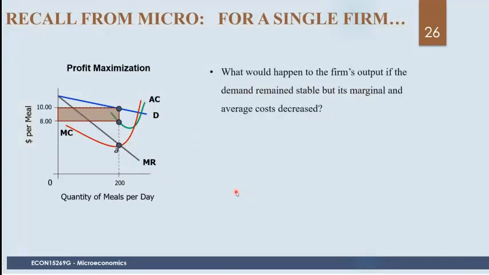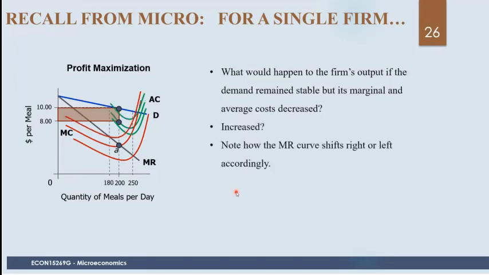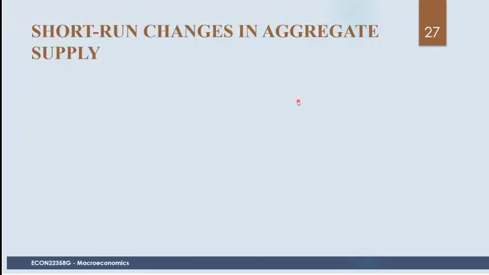And again, we can also think about our profit maximization in the micro example. So what would happen to the firm's output if the demand remained stable, but its marginal and average cost decrease? Okay, so if your costs decrease, then the curves are going to shift down. Before we were at point A, now I don't have point B in there, sorry.